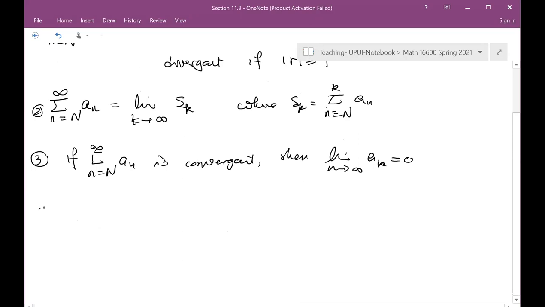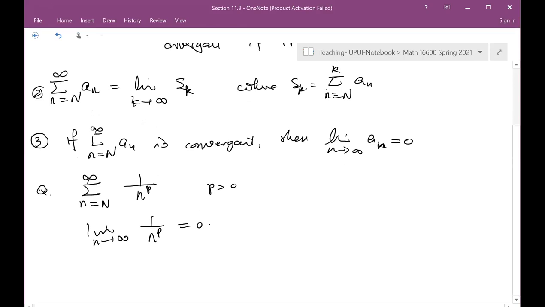here's the example. I'm going to study this series today. It's the sum from capital N of 1 over n to the power p, where p is greater than 0. Otherwise, if p is 0 or negative, then clearly this is divergent. Note that the limit as n approaches infinity of the nth term is 0.